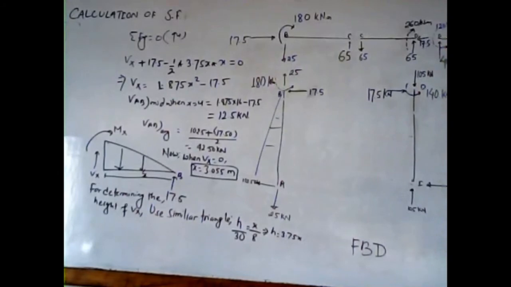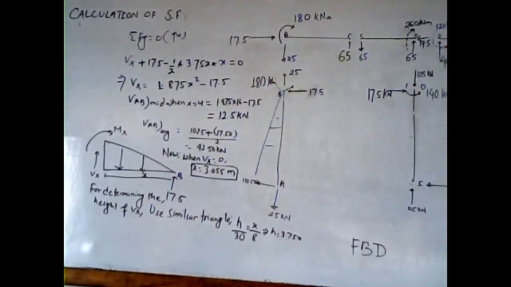AB is 8 meter, and the midsection will be 4 meter. Solving this, we get 12.5 kilonewton as the shear force in the midsection. If it would have been a straight line, the midsection ordinate of the shear force would have been 102.5 plus, and minus 17.5 is negative here, so averaging this, we will get 42.5 kilonewton.